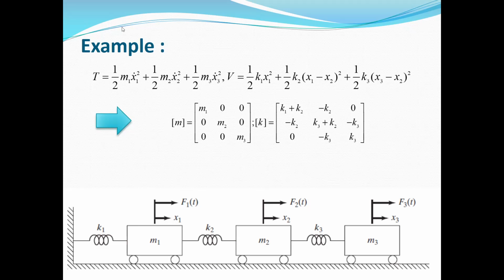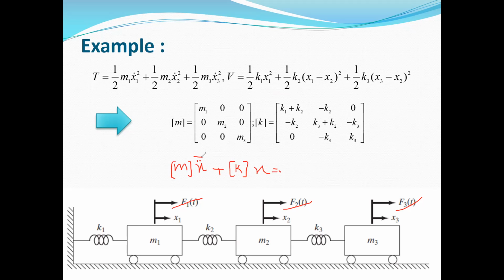But to obtain the natural frequencies and mode shapes, we need to consider the free vibration response of the system, or we need to consider that the external forces are zero. I mean F1, F2, and F3, all of them are zero. So we will deal with the equation: matrix M multiplied by x double dot plus matrix K multiplied by x is equal to 0.